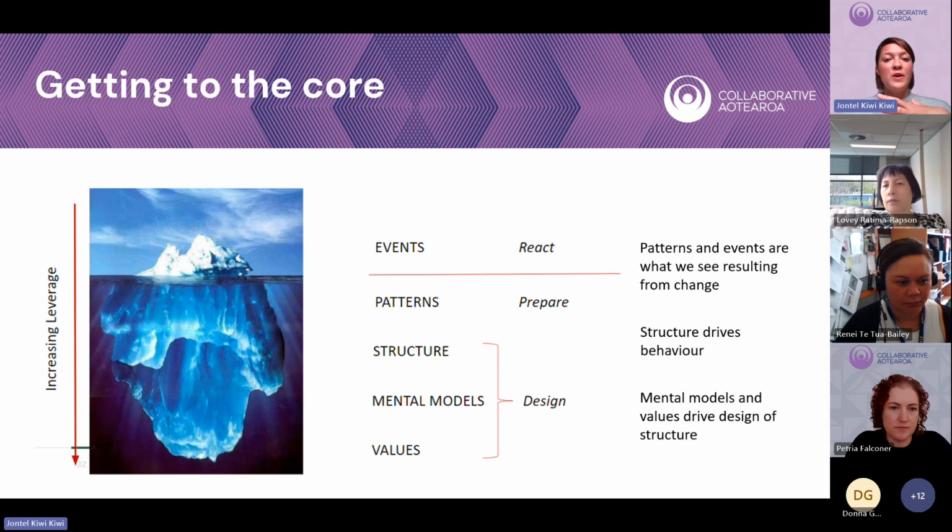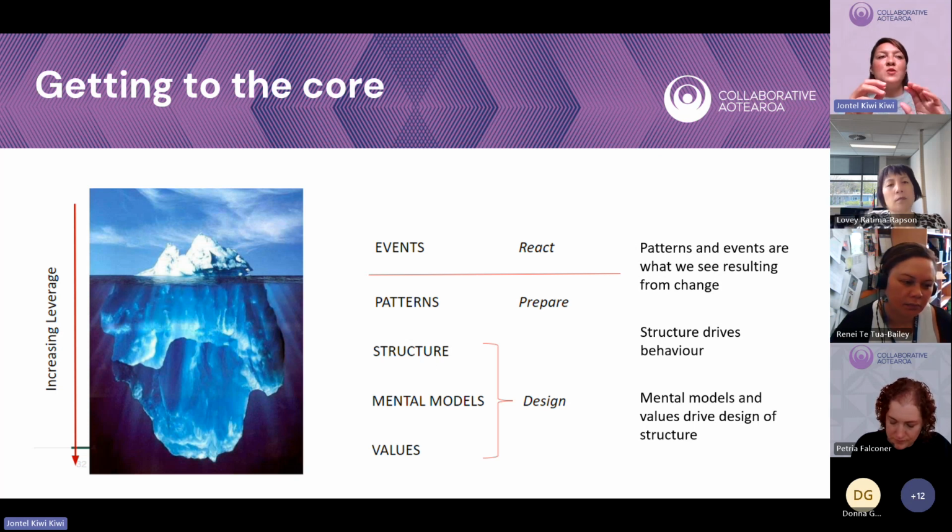And normally, in a system, we will react to those events. In a sense, it's easier to react to those events because we're used to dealing with urgency and immediacy. But actually, if we get to the core of whatever the issue is, then those events are going to change over time.